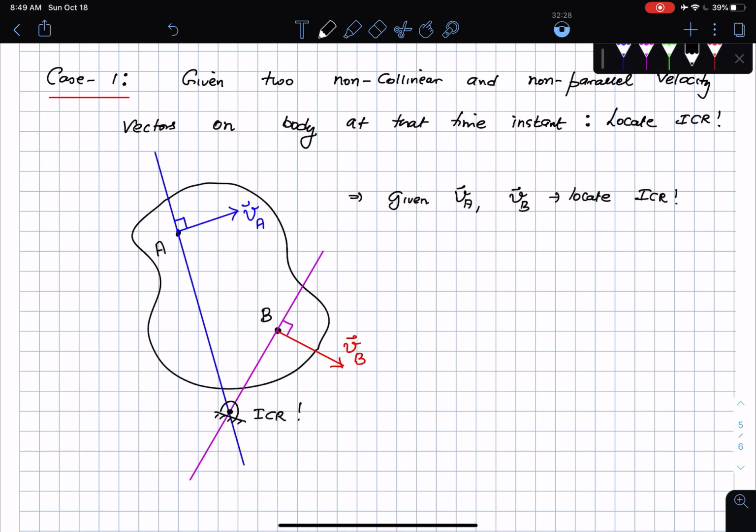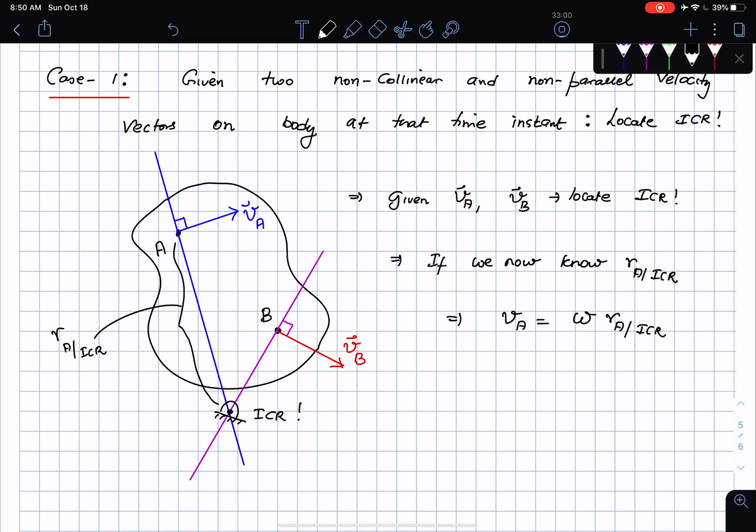And if I now know the distance from point A to the ICR and point B to the ICR, so if I call that distance R_A/ICR, then I can say that VA is omega of the body times R_A/ICR, which means that omega is VA by R_A/ICR.